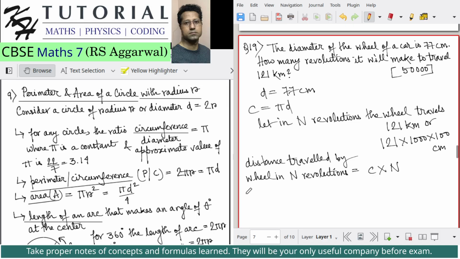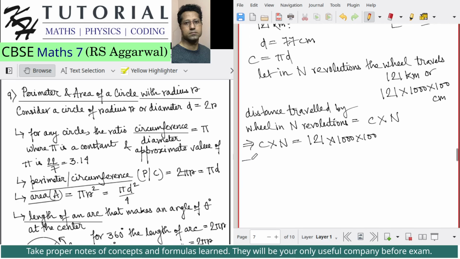So this implies that we must have c multiplied by n should be equal to 121 multiplied by 1000 multiplied by 100. So this implies capital N should be equal to 121 multiplied by 1000 multiplied by 100 divided by c. Now what is c?